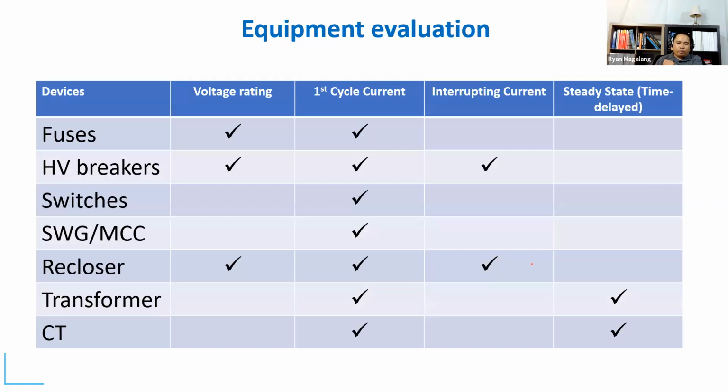So for equipment evaluation, we would evaluate fuses, high voltage breakers, switches, switchgear, reclosers, almost all of them. We try to look at the first cycle current.